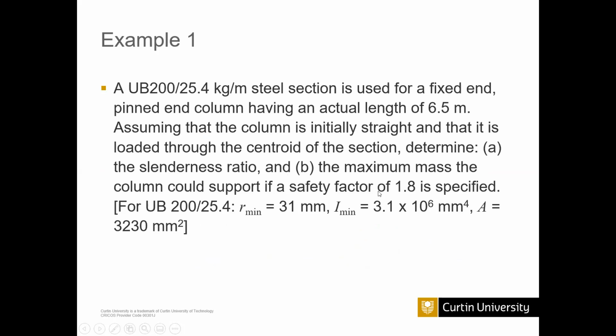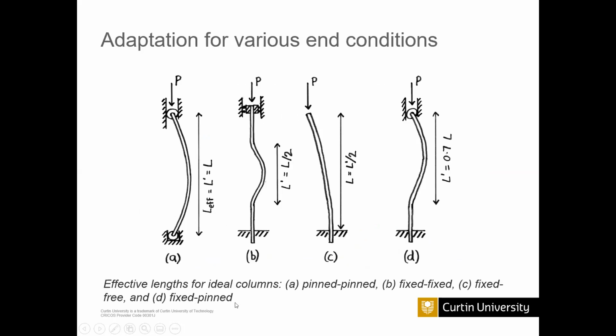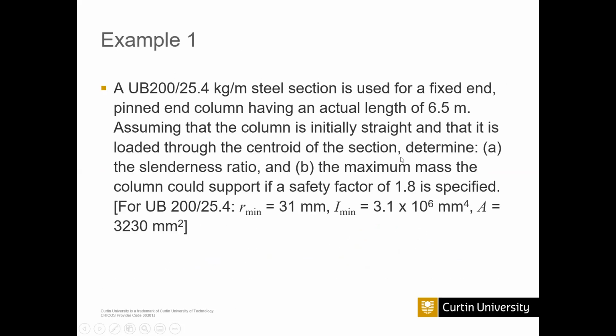With this question, we can easily understand what we explained. This is the material name, and it is used for fixed and pin end. As I told you, this kind of condition, fixed and pin end. The column has an actual length, that is the L value, 6.5 mm.